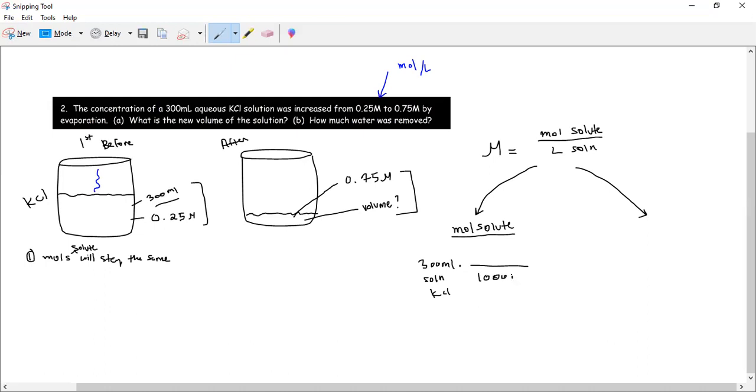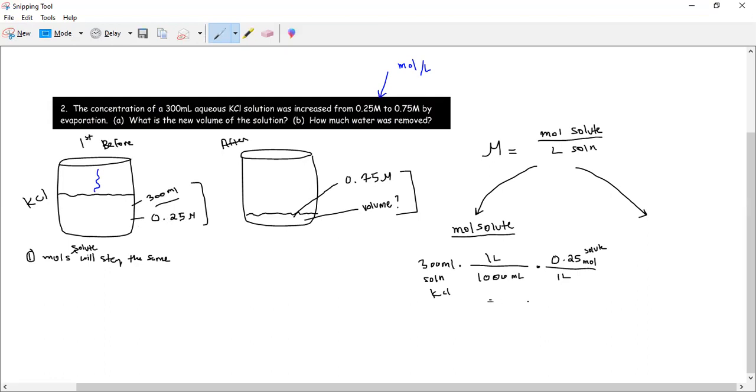So 1,000 milliliters is equal to 1 liter. And as we move forward, we can use the molarity conversion factor that says for every 1 liter, and of course your liters would cancel out and your milliliters would cancel out, for every 1 liter, you have 0.25 moles of solute.